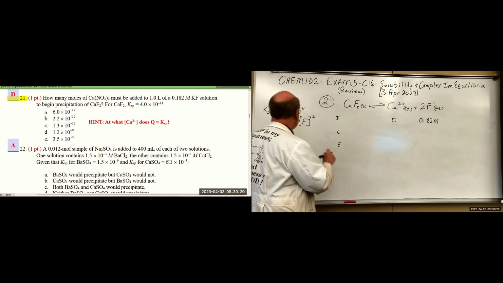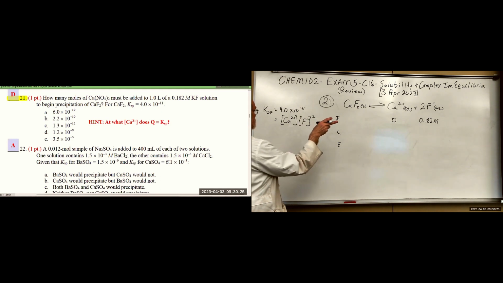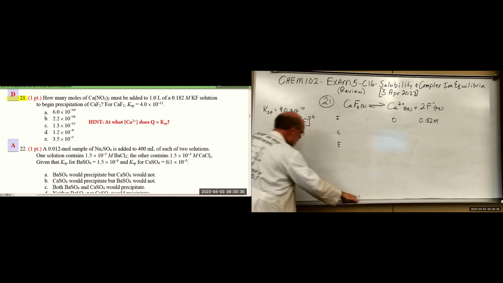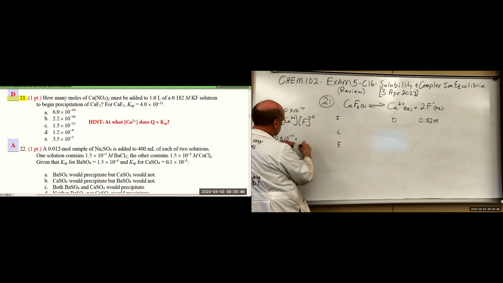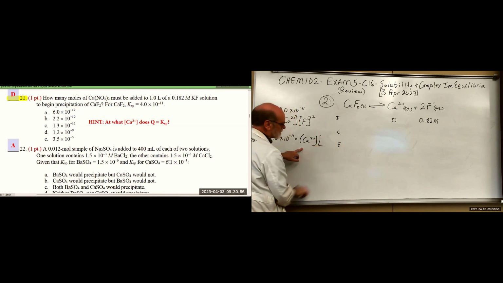Right, at what Q? Actually, we don't even need that. If we say at this point the KSP and the Q are equal, and then we calculate what concentration of calcium ions it would take, I don't even need the ice table.